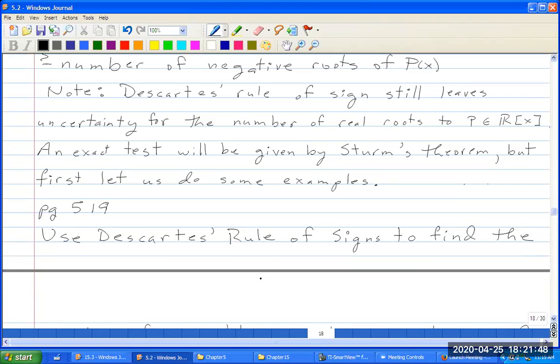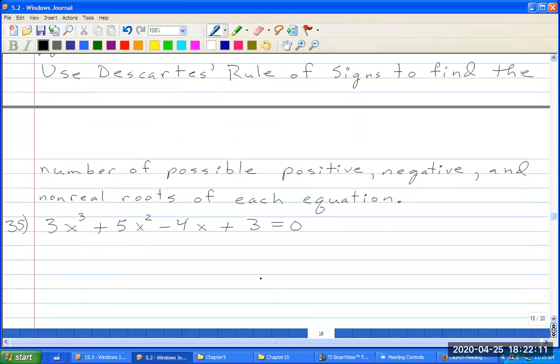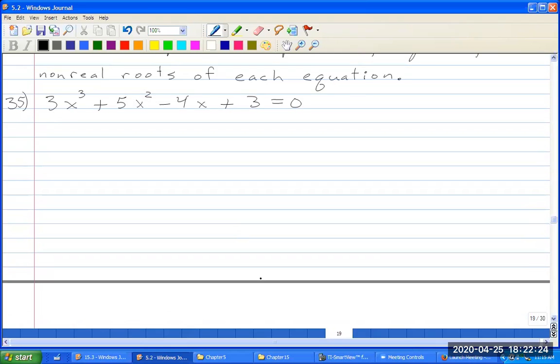So it almost never helps other than in the case that the number of sign changes is either 0 or 1. Actually, even if it's 1, it's not that helpful. If it's 0, it's helpful. Other than that, it's really not helpful at all.